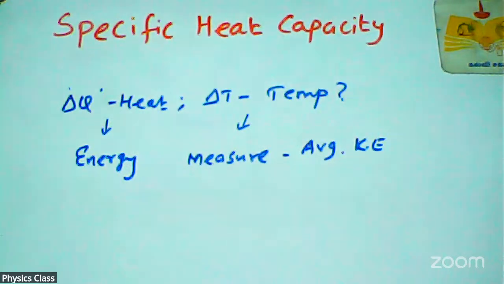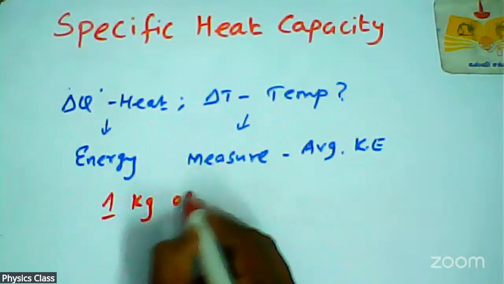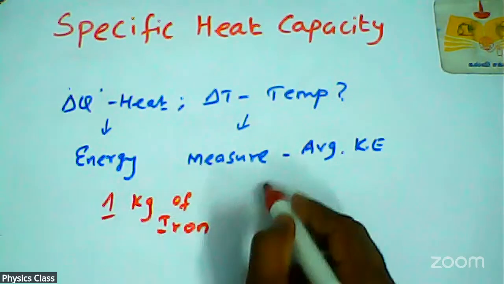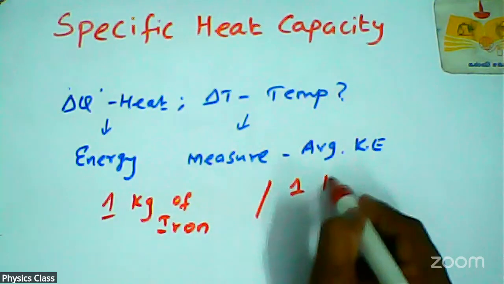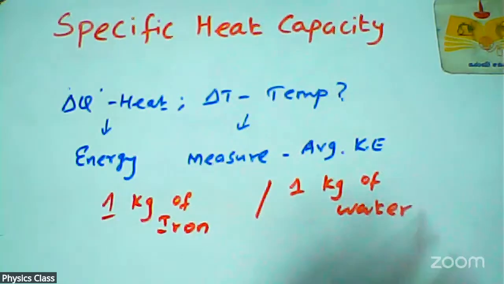Now let's start with a thought provoking question that leads us into today's topic. Imagine you have 1 kg of iron and 1 kg of water. So kg means mass.